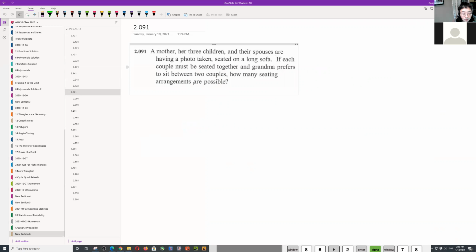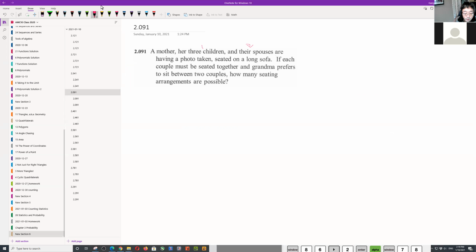If each couple must be seated together and grandma prefers to sit between 2 couples, how many seating arrangements are possible? So the mother, and their 3 children and their spouses.